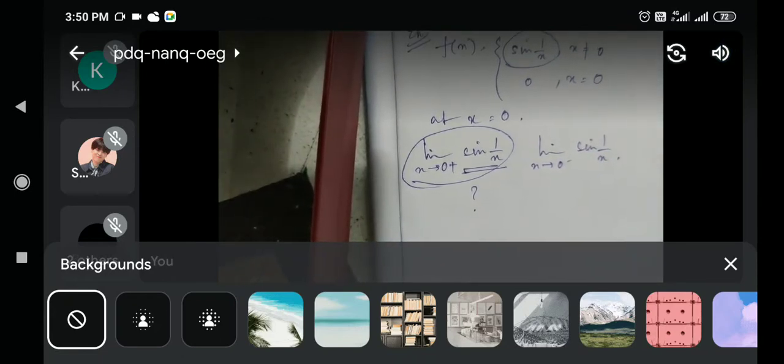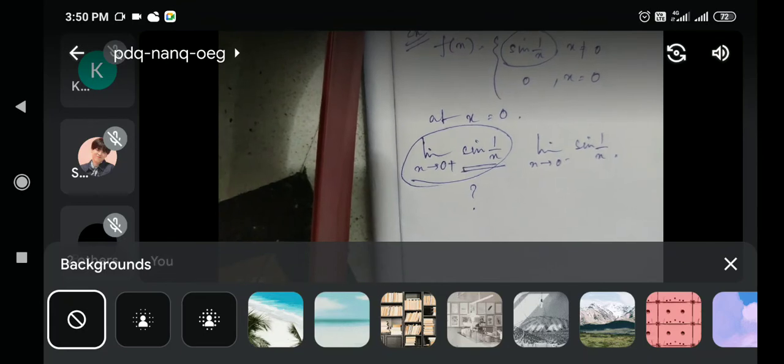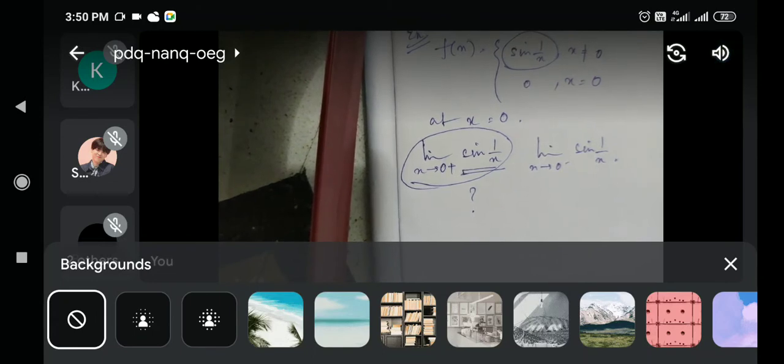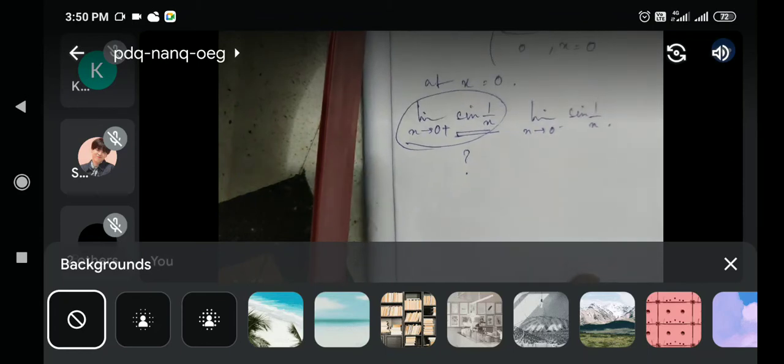Zero. Anyone else? This limit does not exist.